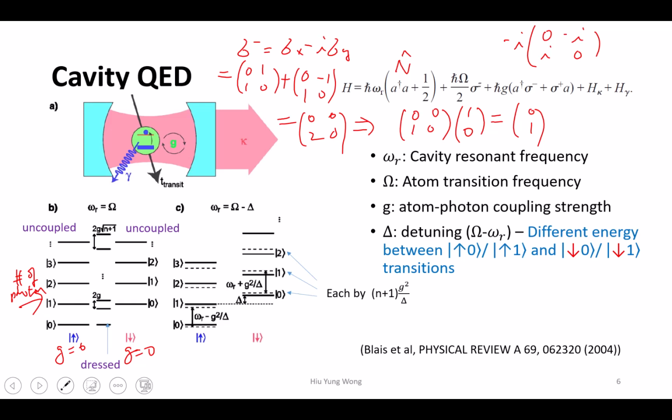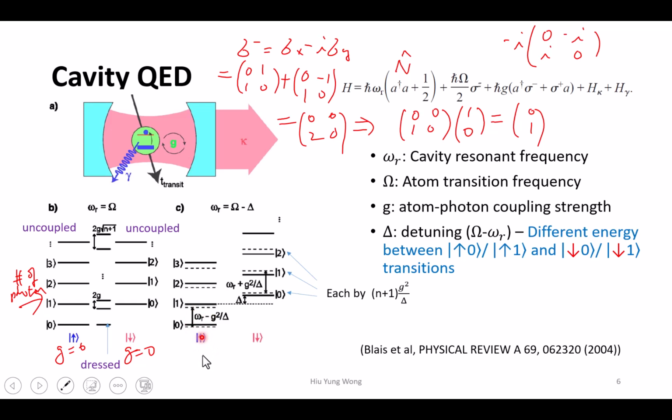But if we do something called detuning, which means the resonance frequency of the cavity and the atomic transition frequency are different, then you see that there will be a splitting. Look at here. There will be a split. It becomes the dashed line.